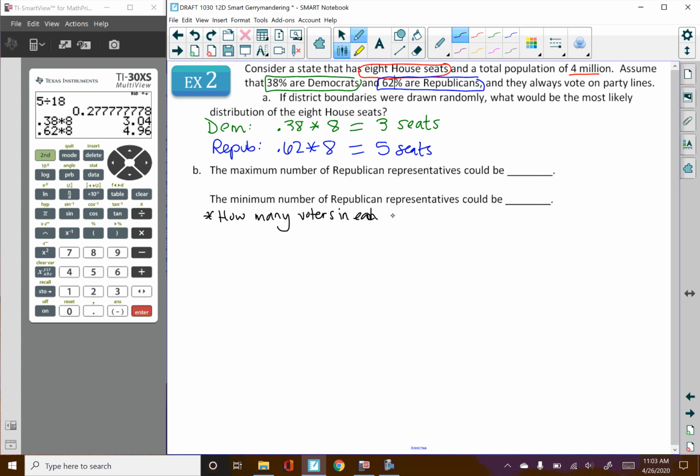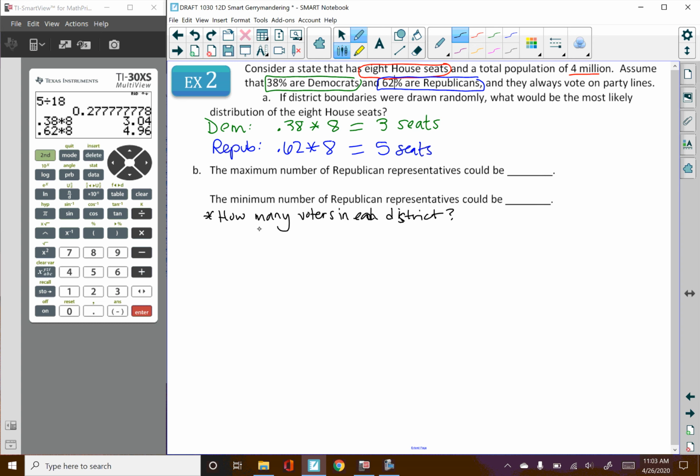Oh, sorry, handwriting. How many voters in each district? Now remember that we have a requirement that the districts are as close as possible in size.